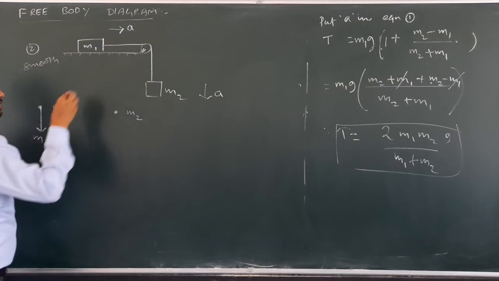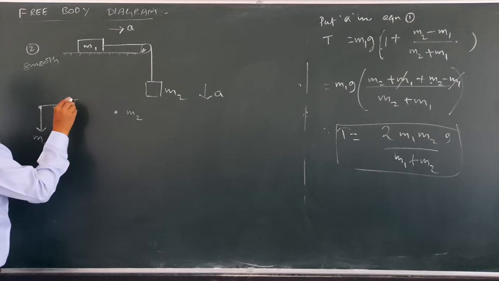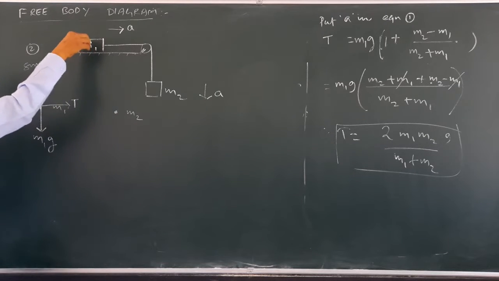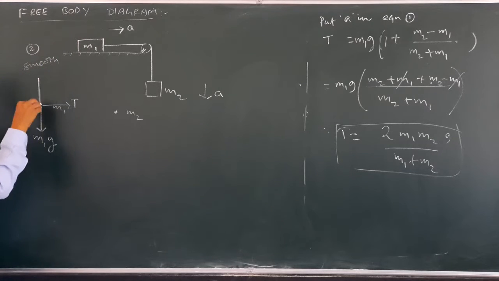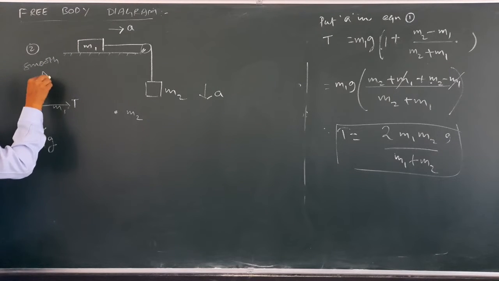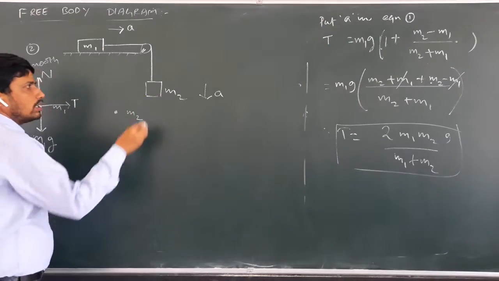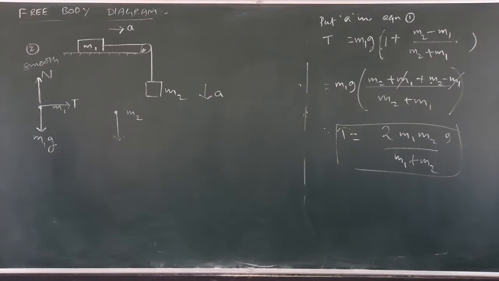Then there is tension in the string and that acts towards right, so that is T. Then there is a table, so this mass is pushing the table. Newton's third law, table will push this mass upwards, so there will be a force that we call as normal reaction.